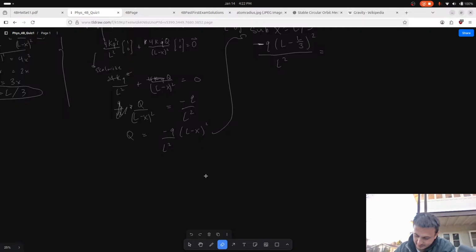This is going to be equal to minus Q over L squared times 2/3 L squared, which is equal to minus Q over L squared times 4 over 9 L squared. These L's cancel, and then we get Q is equal to minus 4 over 9 Q. All right, we did it.